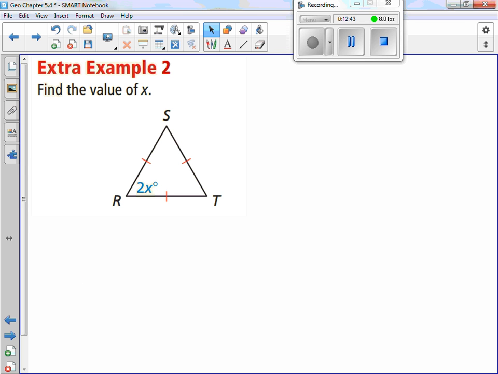Find the value of x. Well, what do I know about all the angles inside of a triangle that is equilateral? They're all the same, because a triangle that is equilateral is also equiangular. So all these angles would be 2x. So I can say what? 2x plus 2x plus 2x is equal to 180.